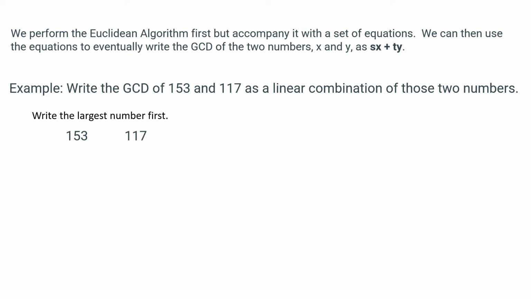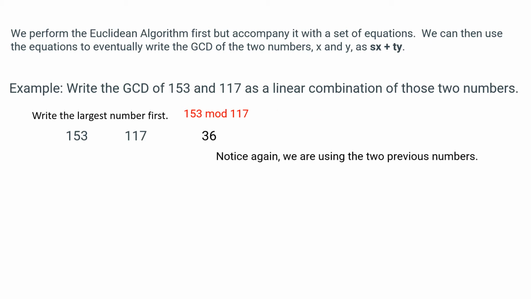Now we find the next number by taking the largest number mod the smallest number. So 153 mod 117 gives us 36. 117 mod 36 gives us 9. And then 36 mod 9 gives us 0.